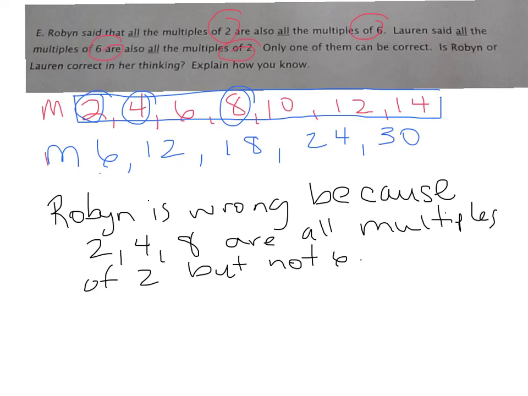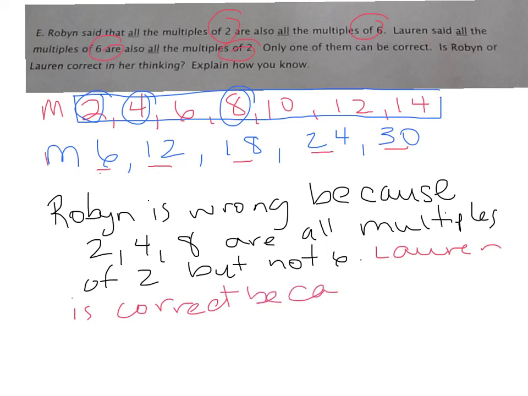So, is Lauren wrong or right? Let's look. Lauren said all the multiples of 6 are also 2. So let's see, can we find any 6s that are not 2s? Well, that's a multiple of 2 because 2, 4, 6. 12 is a multiple of 2. Remember, all the multiples of 2 are even, and these are all even numbers. So Lauren is correct. Why?